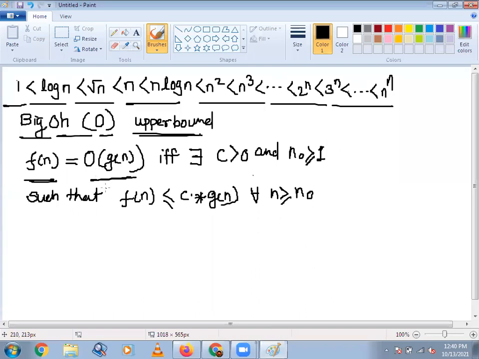This is the definition for big OH notation.